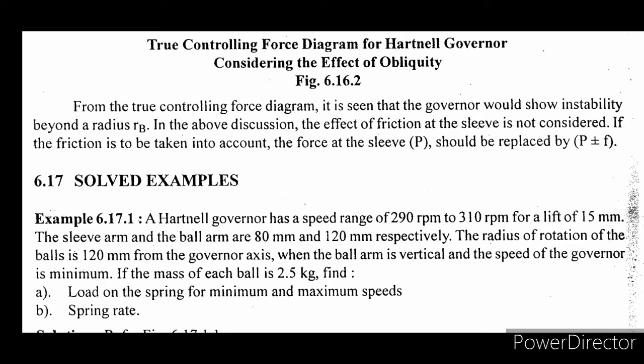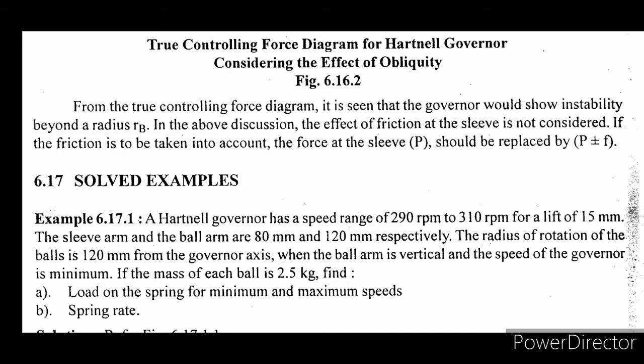So the axis and the sleeve arm and the horizontal arm all will be at the same position. So the second equation that we derived, if you don't remember, you can see my last video and you will understand in numerical also. So mass of ball, each ball is 2.5 kg, load on the spring for minimum and maximum speed, and they have told us to find the spring rate.